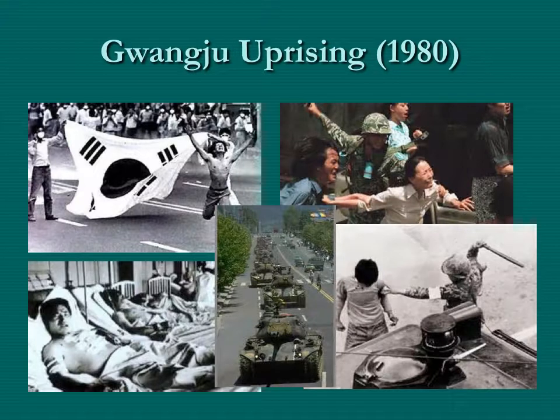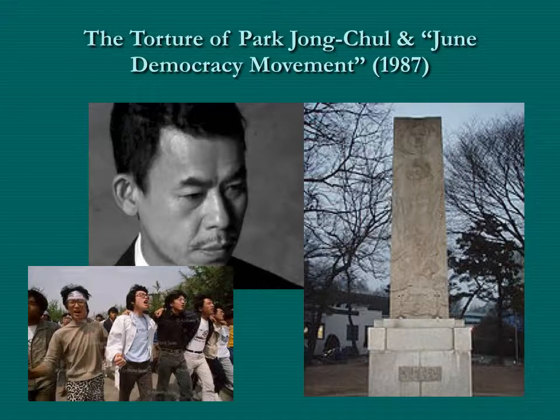1980, with what's known as the Gwangju Uprising, kind of brings an end to this because one of the activists taken during these street protests and arrested by the military is Park Jong-chul, who is tortured and his body discarded on the side of the road by the South Korean police. And this really galvanizes not only the political establishment, but also the social establishment to push for a return to democratic values.